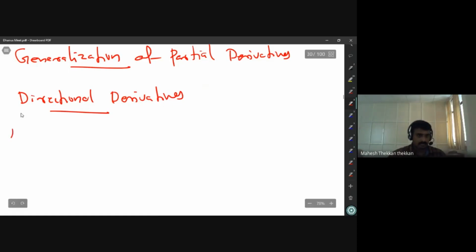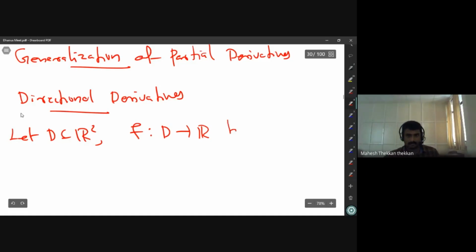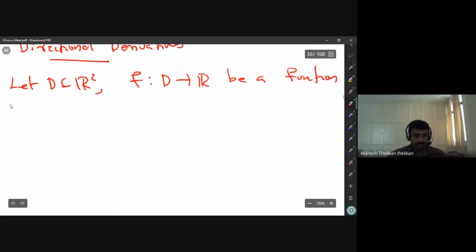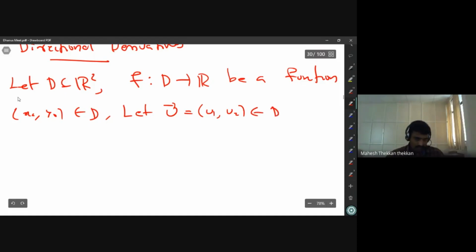Now I consider that D is a subset of R2, and f from D to R is a function, and x0, y0 is a point in D. Let u be some vector, which I denote by u1 comma u2, a vector in R2, and it is a unit vector.